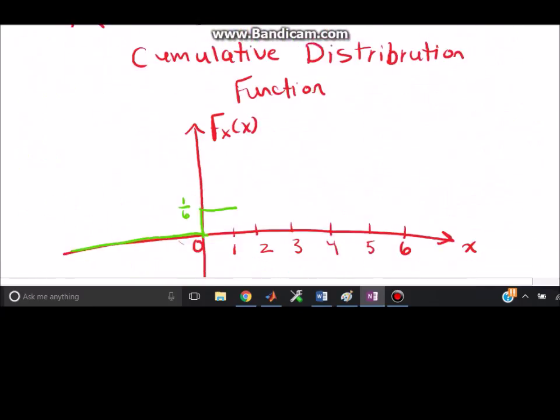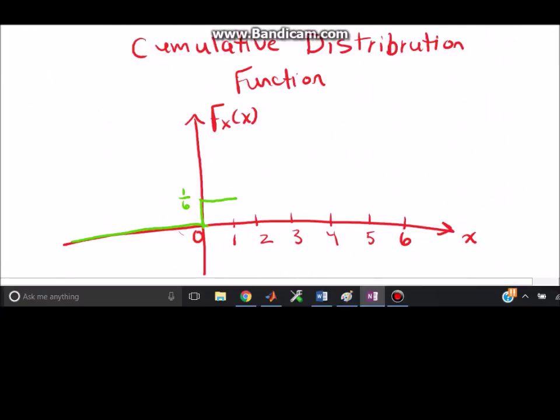So now we're going to jump up by a value of 5 over 18. And so this point here is going to be 1/6, which is equal to 3 over 18 plus 5 over 18, which is 8 over 18, which is 4 over 9. Okay, so we'll jump up to there.